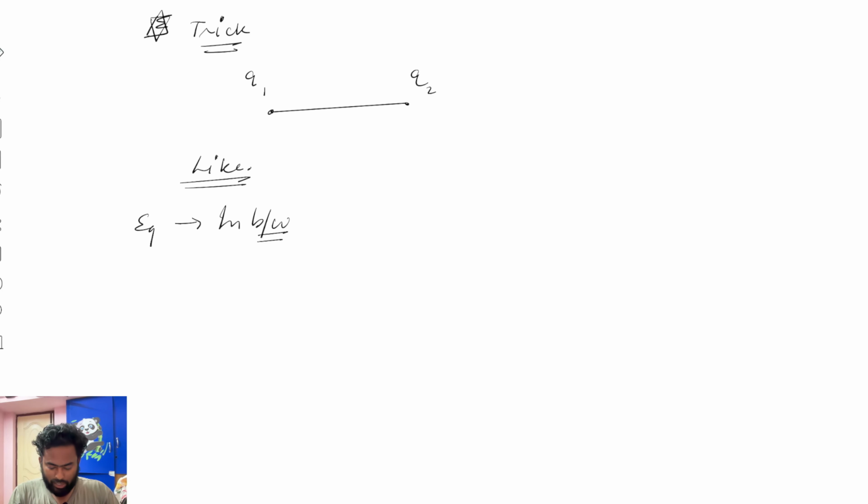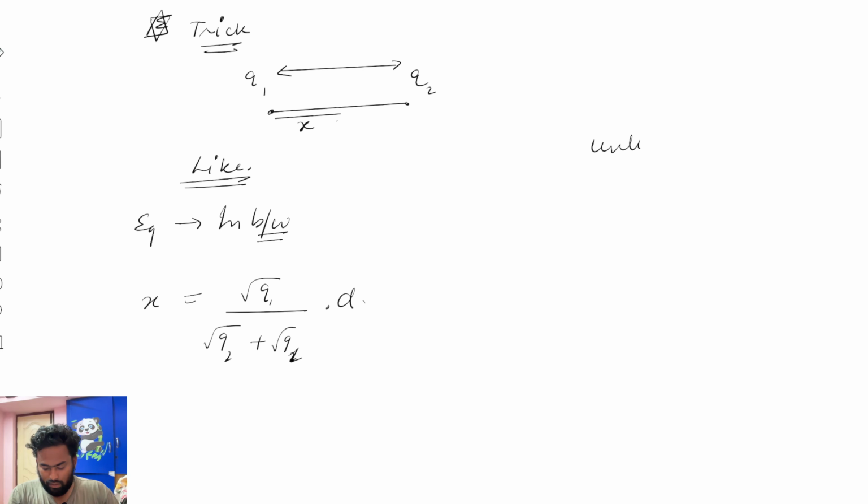Equilibrium will lie in between. So suppose the equilibrium is at distance x. So x value will be given by root q1 upon root q1 plus root q2, into distance between them, d.